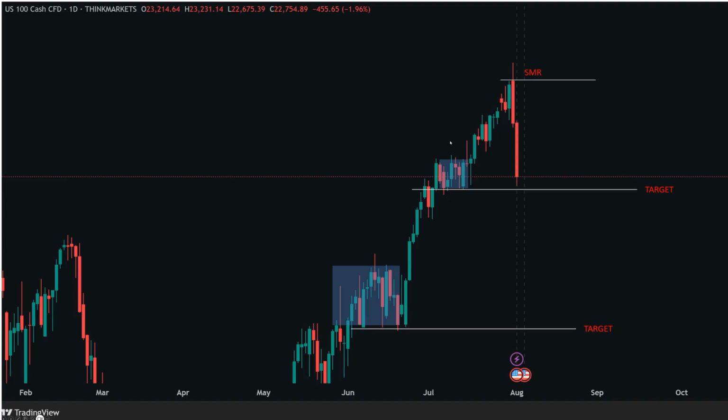And then it's going to take out this low, after which there might be a retracement that will push price lower again to this next target. So I'm anticipating price to come lower because there's already a market structure shift, and then it changes state in behavior.